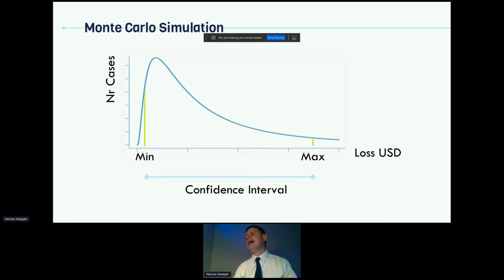You may say, I am 80% sure that we are going to have between 100 and 200 euros loss if there is a denial of service attack in this service.